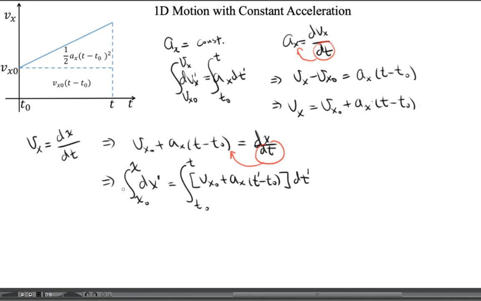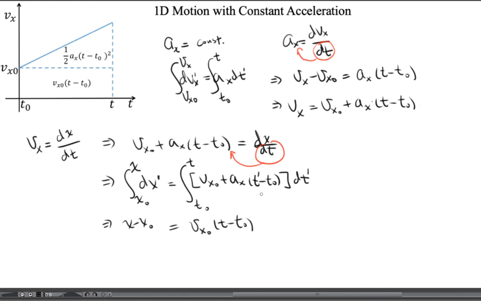All right, so let's see what this integration result is. The left side gives x minus x naught. On the right side, let's look at the two terms separately. The first one, vx naught, is a constant, so we get vx naught times t minus t naught.